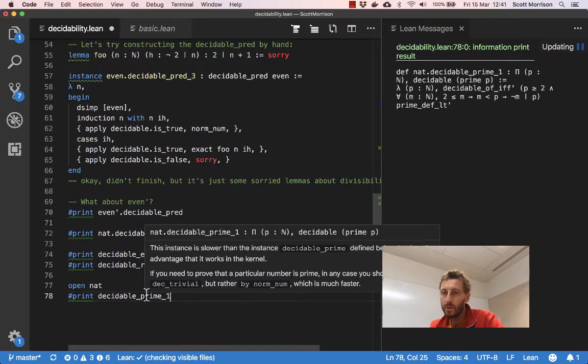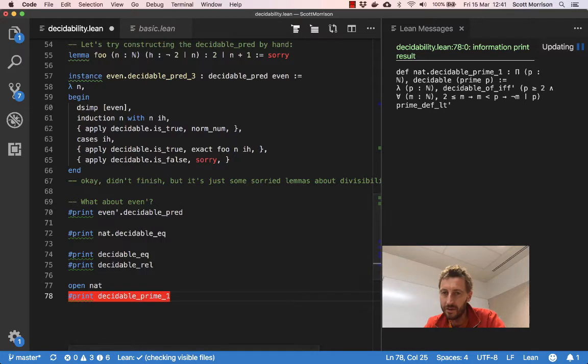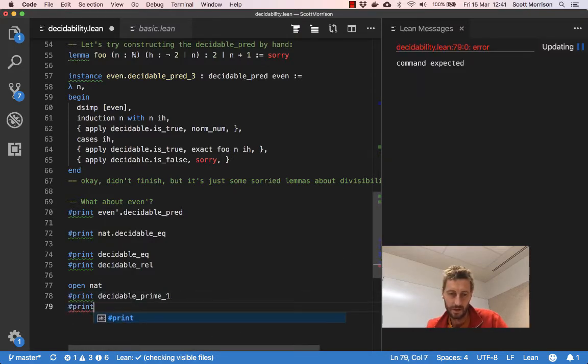So this is an instance up here you can see of decidable prime p for any p. And the instance that's defined here is exactly one of these decidable of if and only ifs that we were using earlier. So presumably what's going on here is that prime underscore def underscore less than prime is just some statement that being prime is equivalent to this condition. So let's check that.